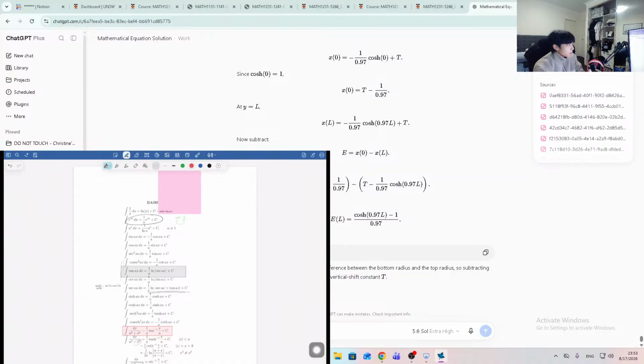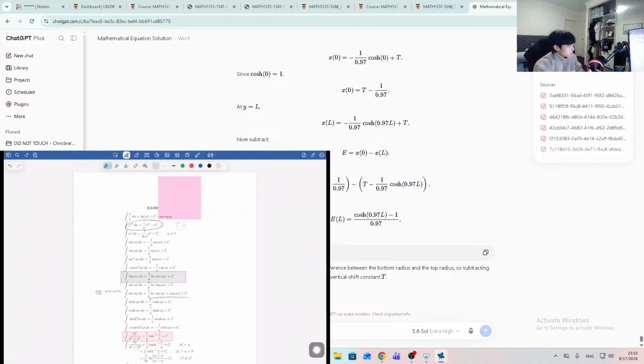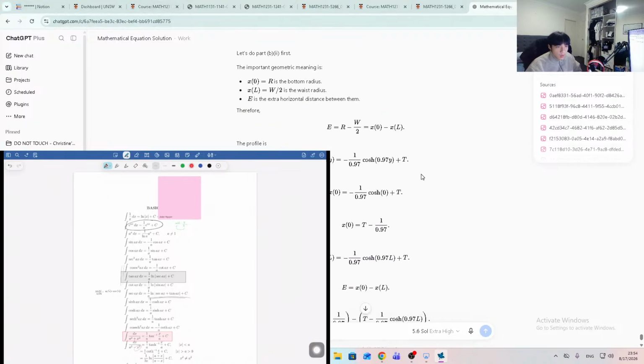Subs y is 0 into x. We get our first function of cosh 0, that's 1 over cosh 0 is 1 over 1. These calculators can't use hyperbolic functions correctly.